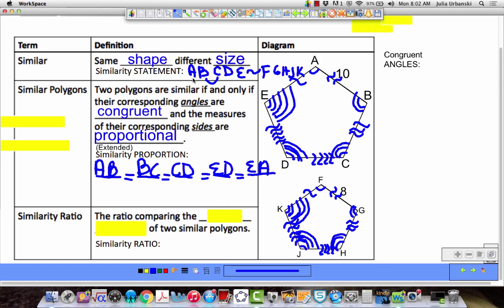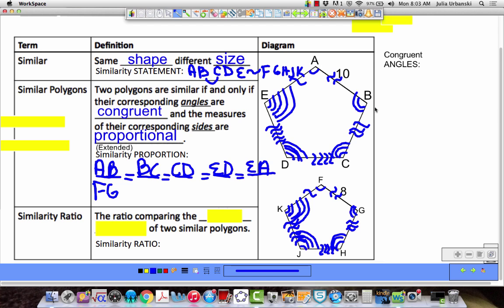Now here's the trick. You have to line up the bottom side of the proportion, the bottom pentagon here, with the corresponding side. And it's easy once you make the marks to go together. AB would go with which one? AB is right here. Which one goes with it? FG. And when we do this with numbers, easiest way is going to be doing it from least to greatest.